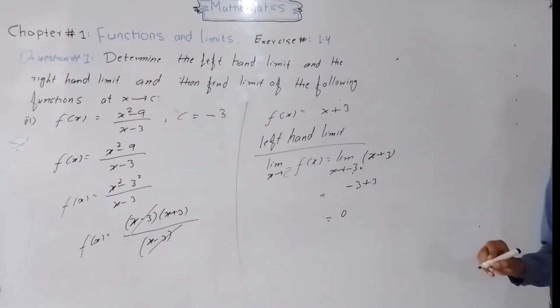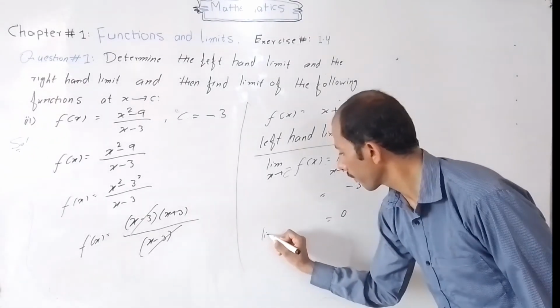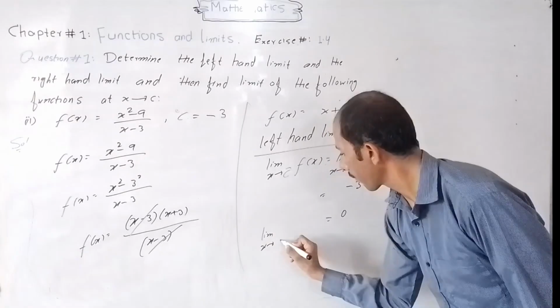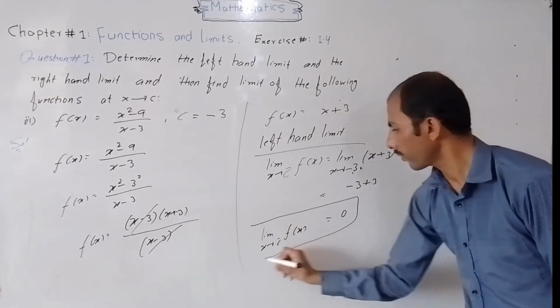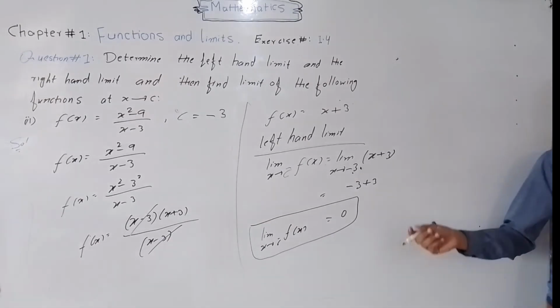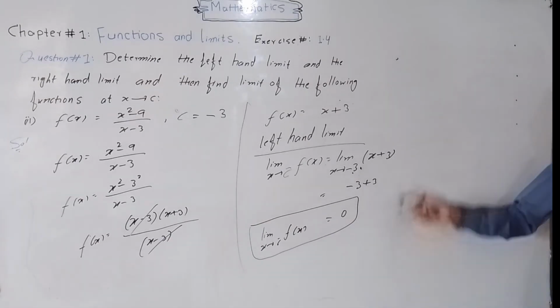Limit as x approaches c of f(x) is equal to 0. So left hand limit is equal to 0.